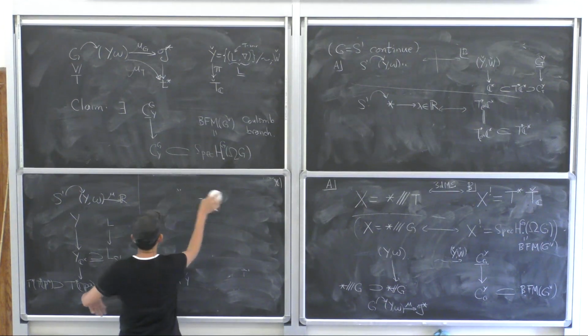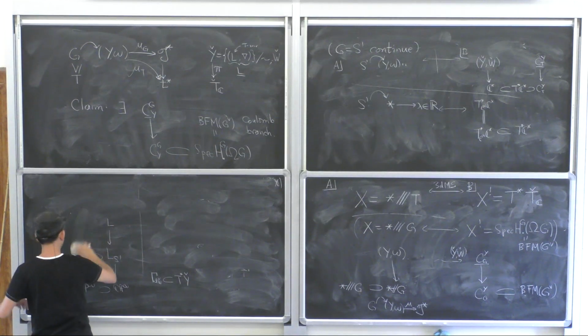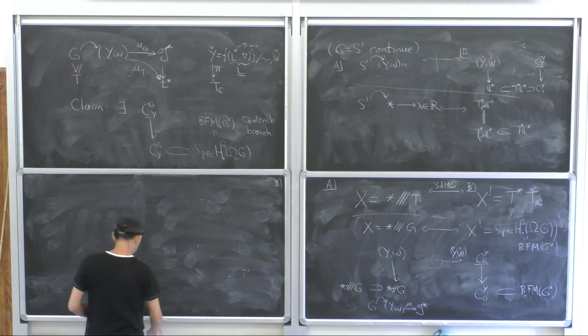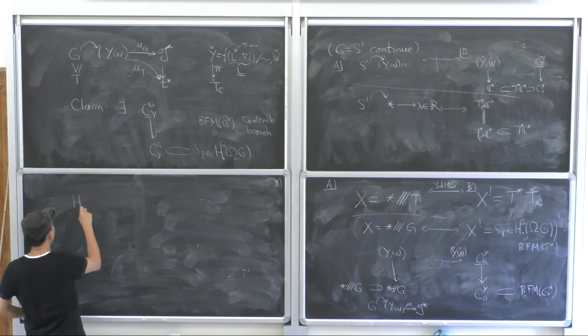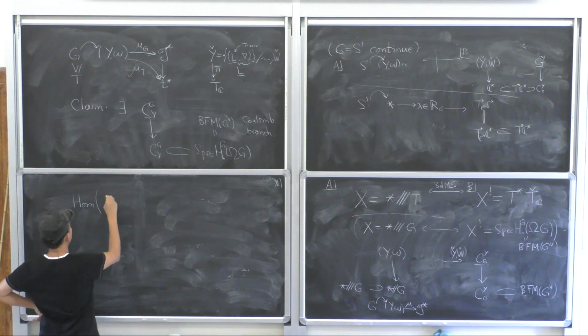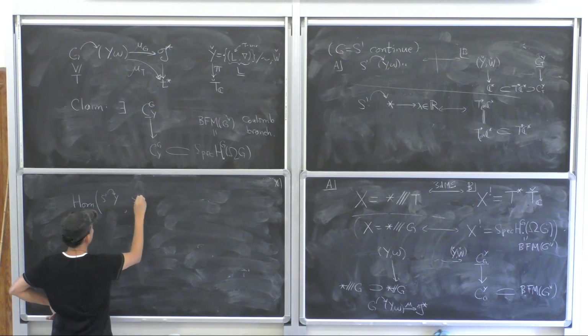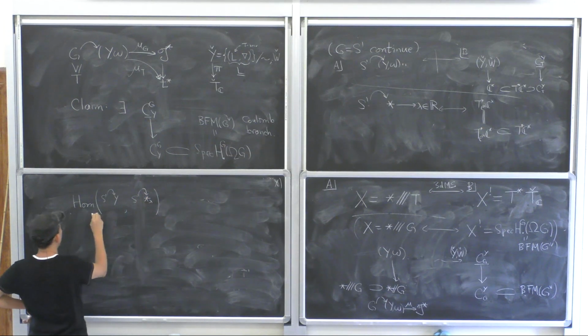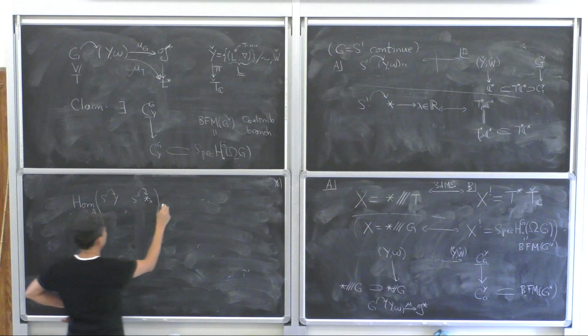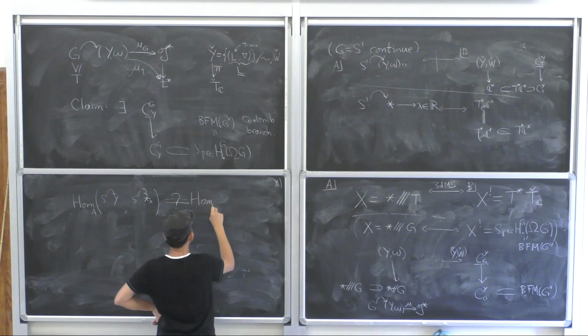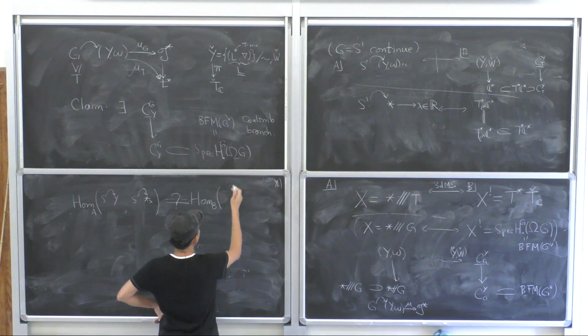Now you want to think that if you compute a Hom on this side, one of them is S1 acting on Y, the other one is S1 acting on a point with moment map value lambda. Now this is on the A side, the 3D theory, and then you ask whether this is related to the Hom on the B side. One of them is this Lagrangian.